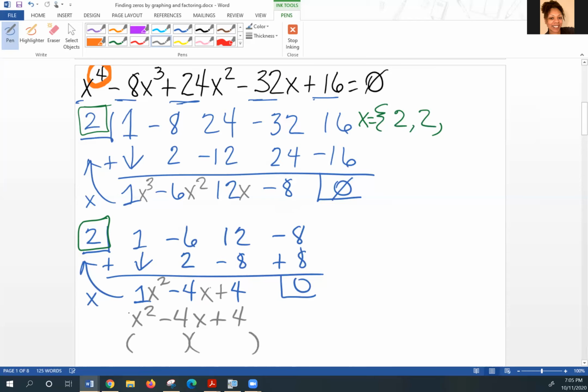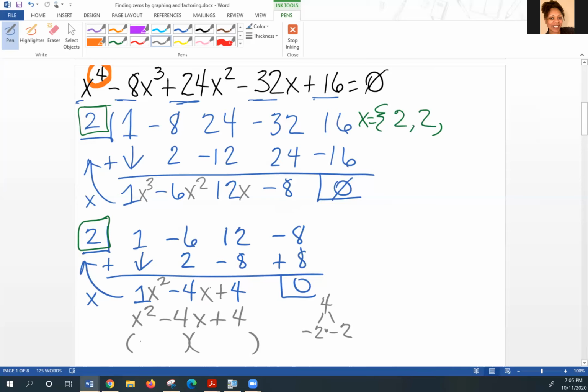And I can. A times C is going to be 4. If I'm looking for 2 factors that will multiply to give me this 4, but add to give me that -4, that would be -2 times -2. That information is going to go inside of the parentheses.